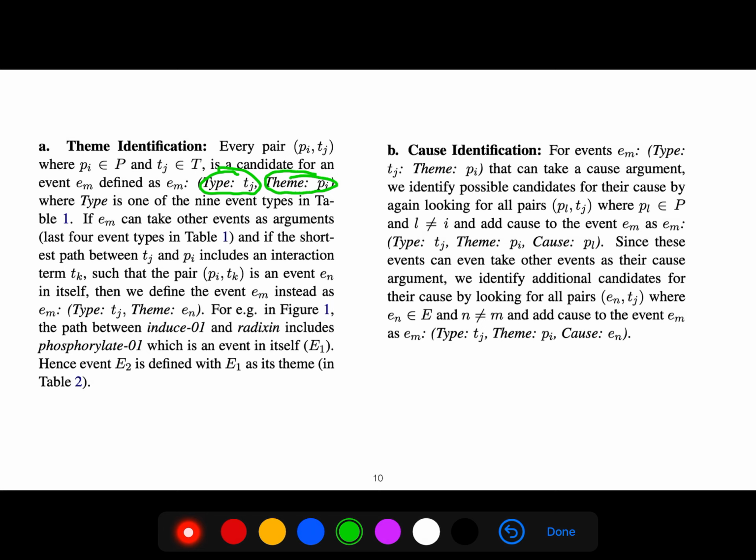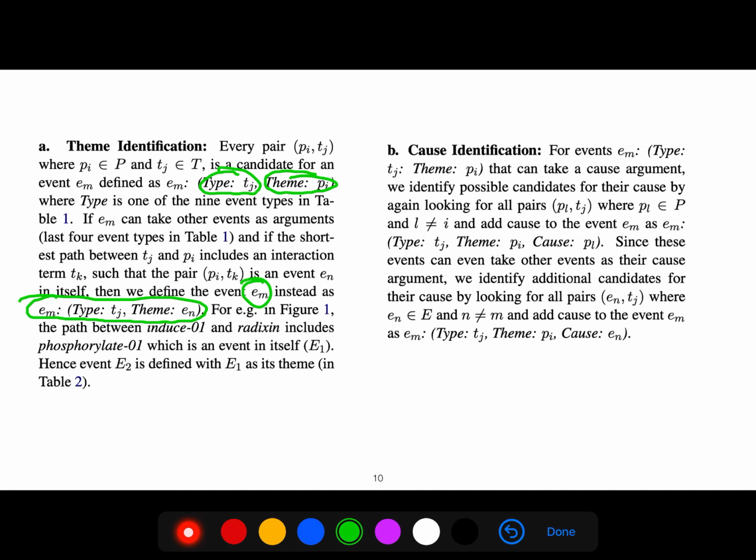If E sub m can take other events as arguments, and if the shortest path between T sub j and P sub i includes an interaction term such that the pair is an event, then we define the event E sub m.